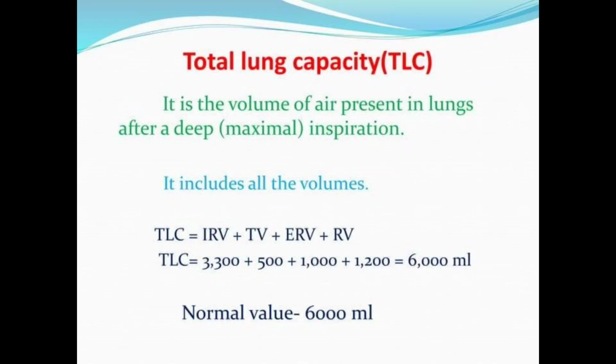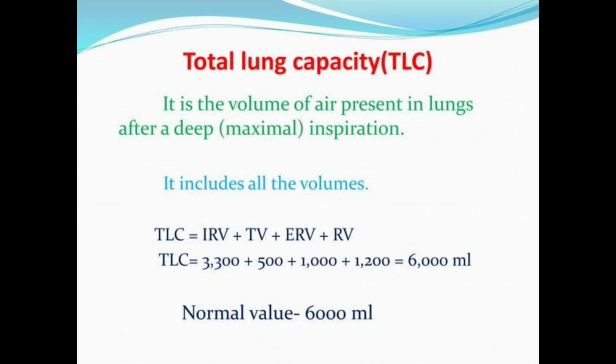Next one is the total lung capacity. It is the volume of air present in the lungs after deep inspiration. It includes all four types of volumes: the inspiratory reserve volume plus tidal volume plus expiratory reserve volume plus residual volume.